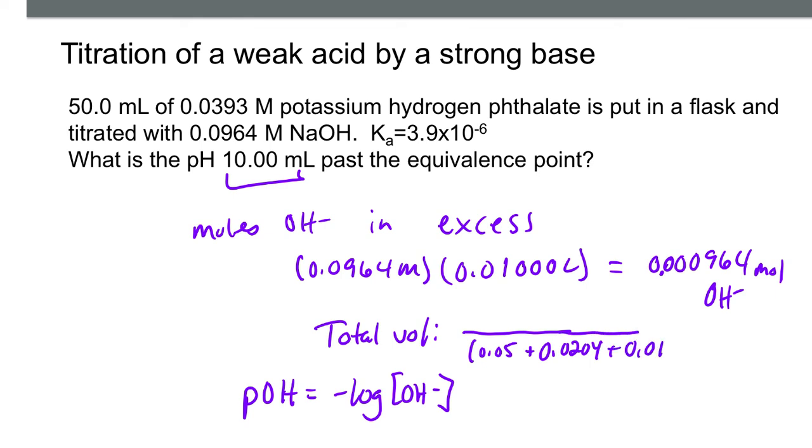And now we are 10 milliliters past that. So the total volume should be 80.4 milliliters. So we get a concentration of 0.0120 moles per liter.